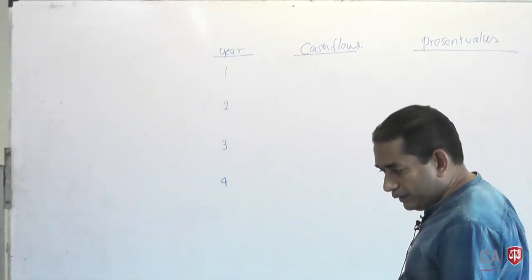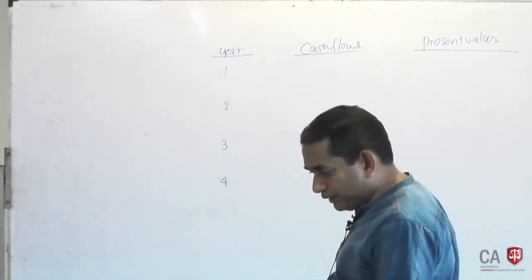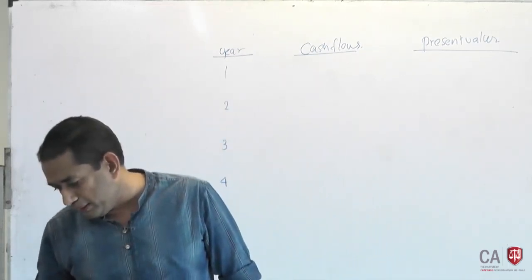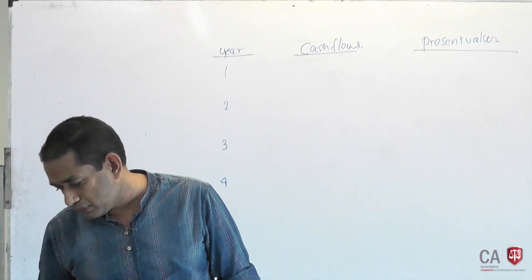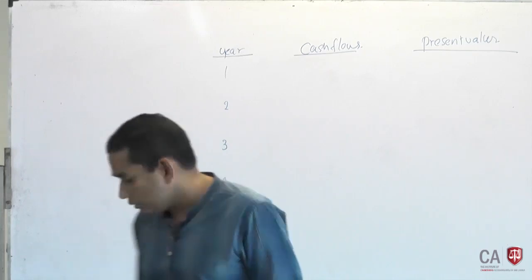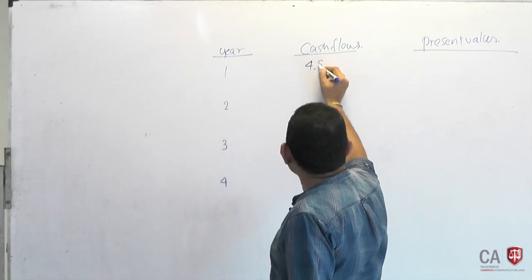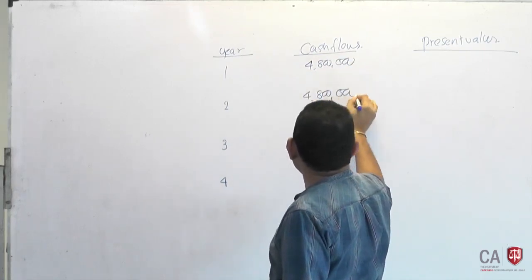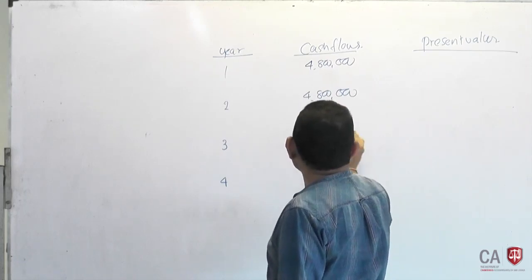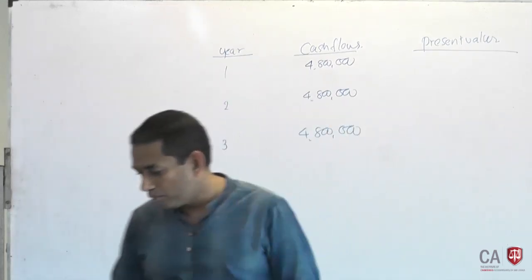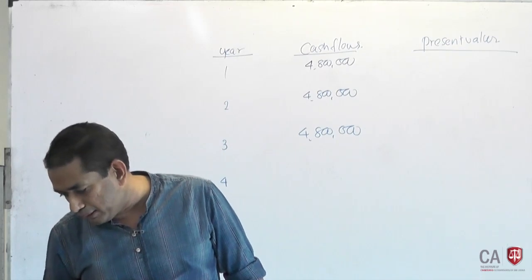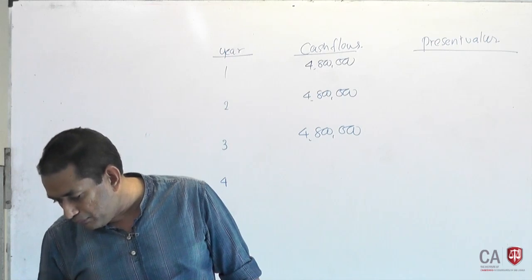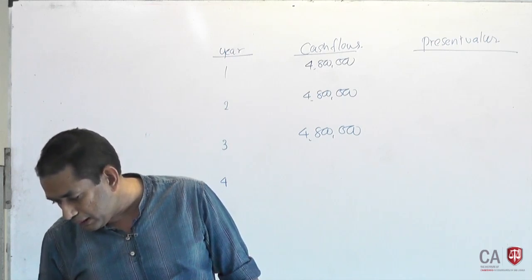So, it is 40 million into how much interest to be paid? 12%, that is 4.8 million, 4.8 million, 4.8 million, 4.8 million plus 40 million plus another 8 million premium should be paid at the end.